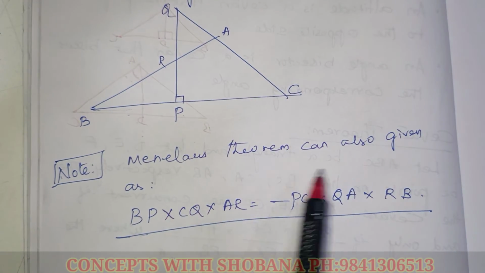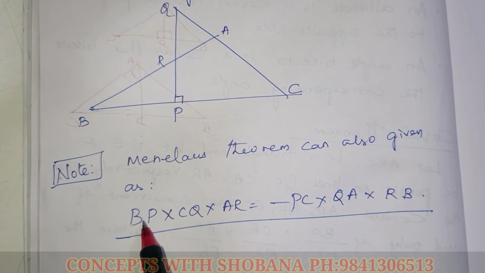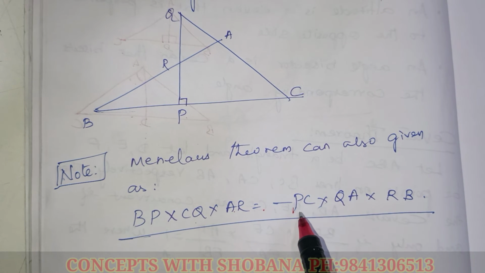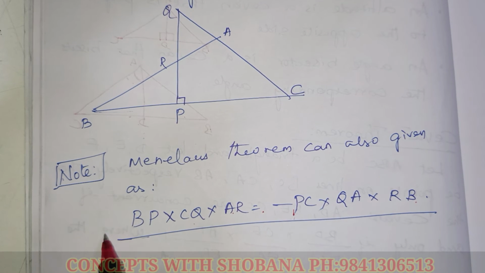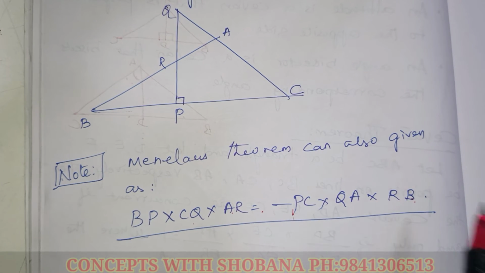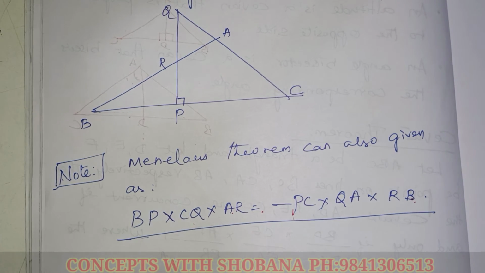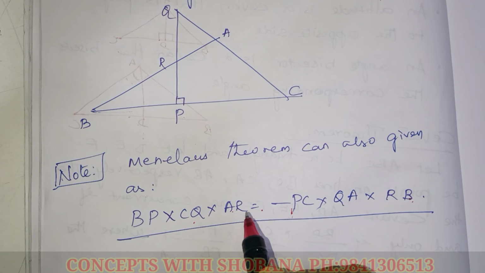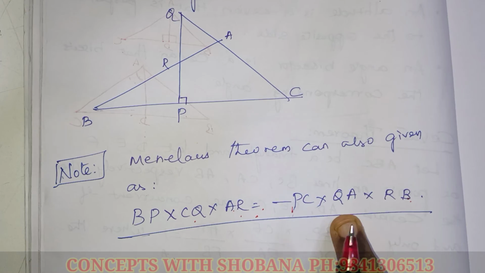Menelaus theorem can also be stated without the -1. You can rewrite it this way also: BP into CQ into AR is equal to minus PC into QA into RB.